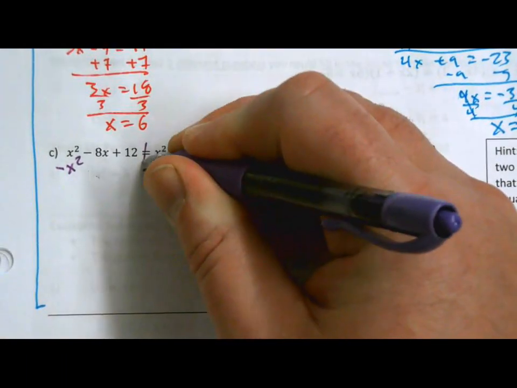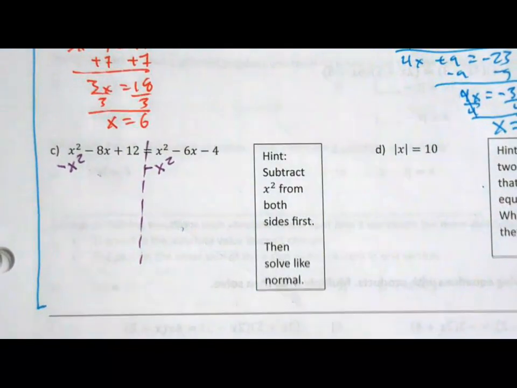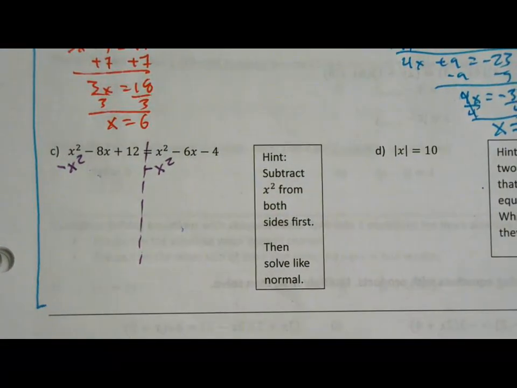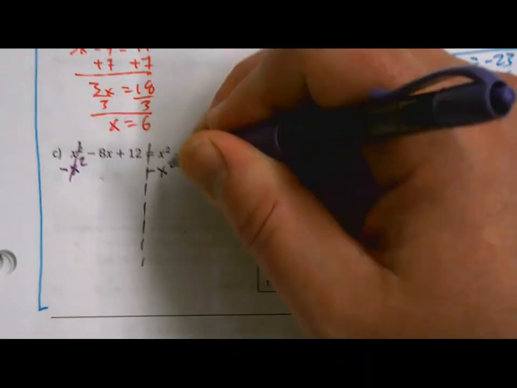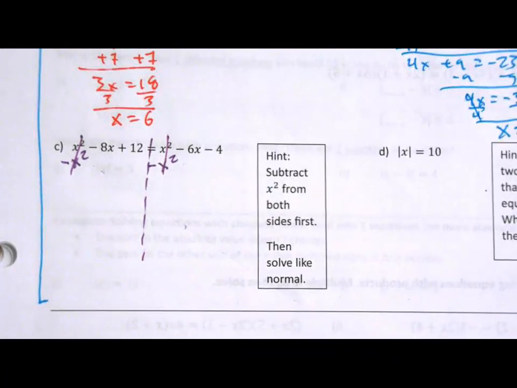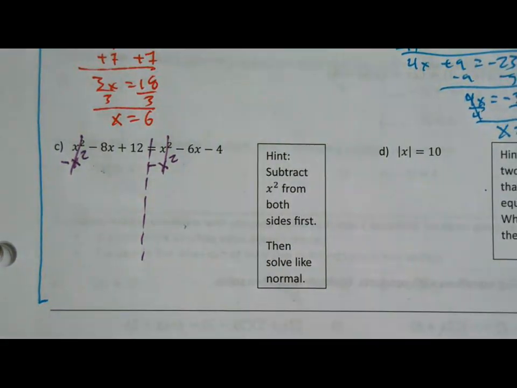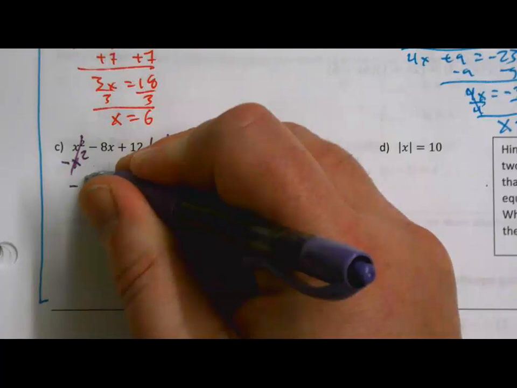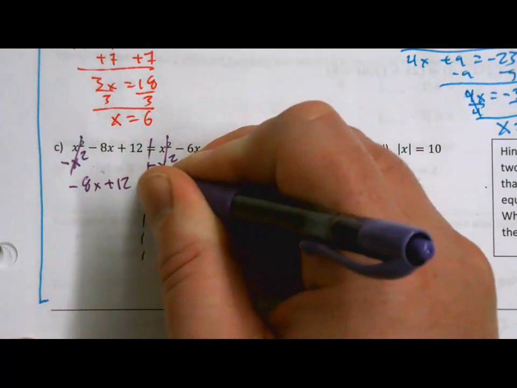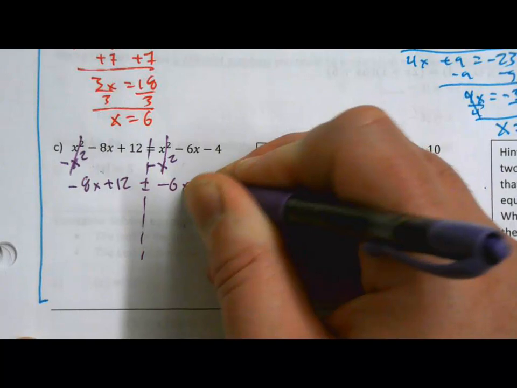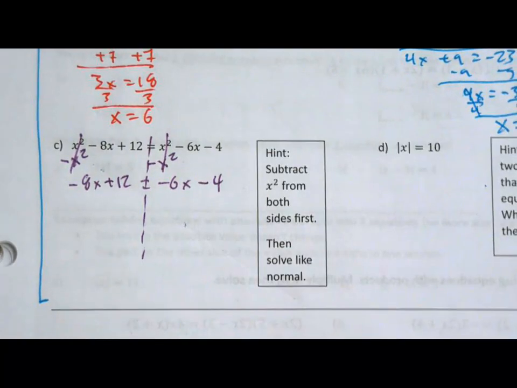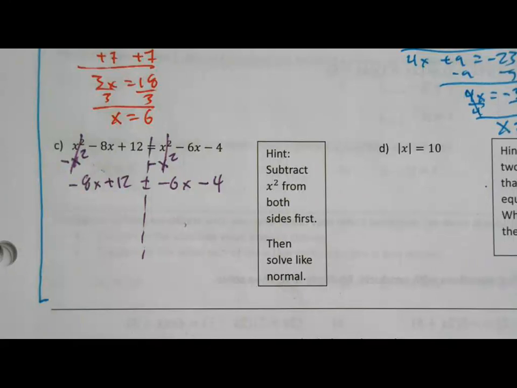We're allowed to add or subtract anything we want as long as we do the same thing on both sides. That's going to cancel that, that's going to cancel that, and there's no more x squareds in this equation. After that, it's just negative 8x plus 12 equals negative 6x minus 4. And you all know how to solve that. You've solved lots of equations like that.